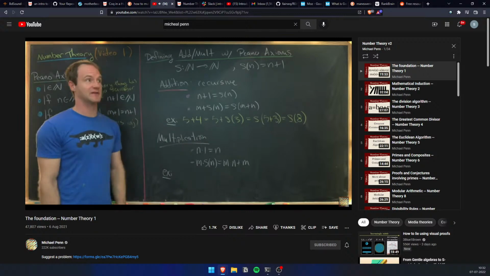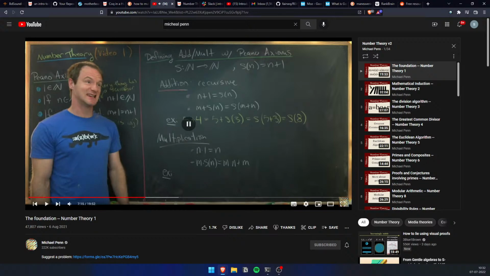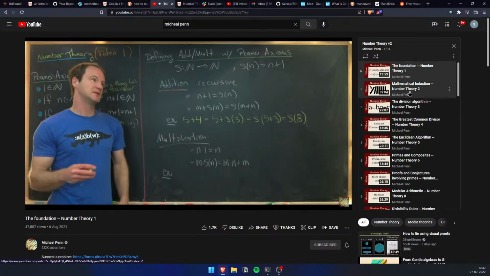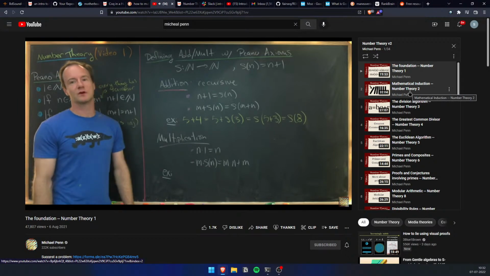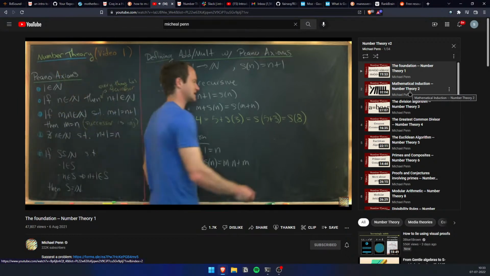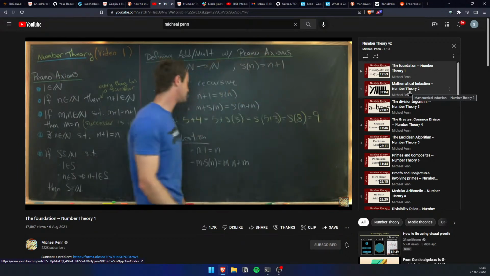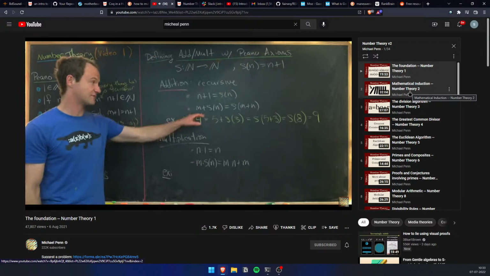I know this is kind of abstract and sticky. But this is actually a really important take on natural number arithmetic. Okay, but what's the successor of 8? That's obviously equal to 9. So 5 plus 4 is 9, so we're good to go there.